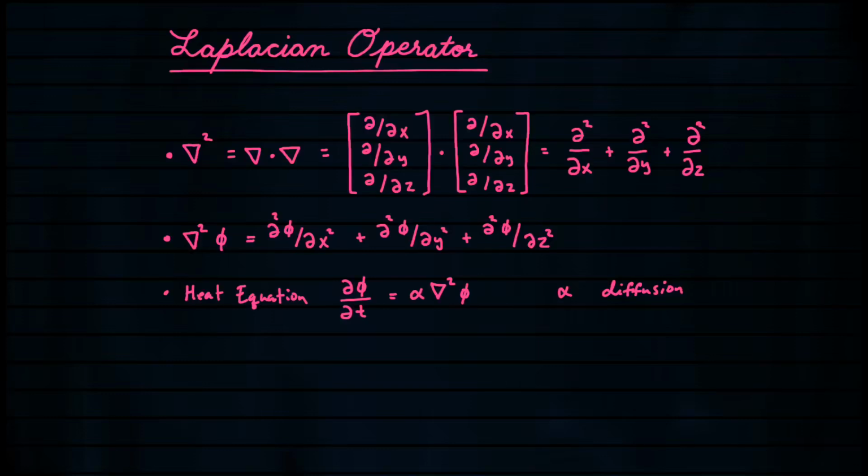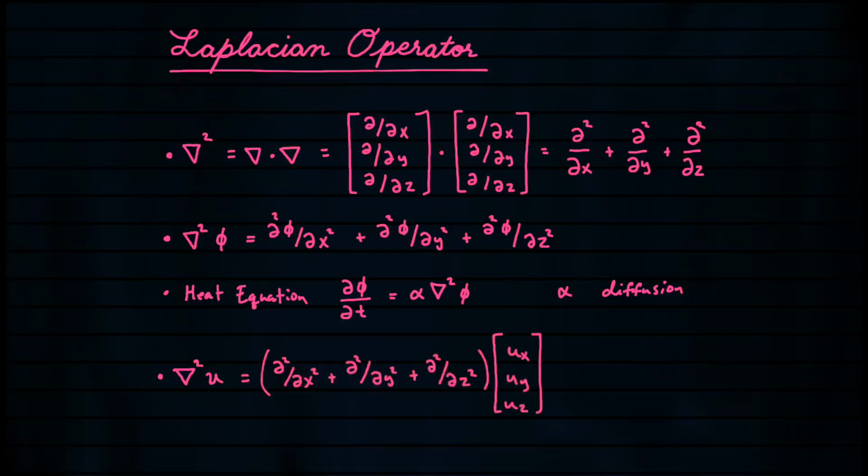Okay, so we can also apply the Laplacian to vector fields. Let's say we have our function u, and we're looking at 3 dimensions right now, so it's got ux, uy, and uz, and essentially we just apply the second derivatives with respect to each one of the components.